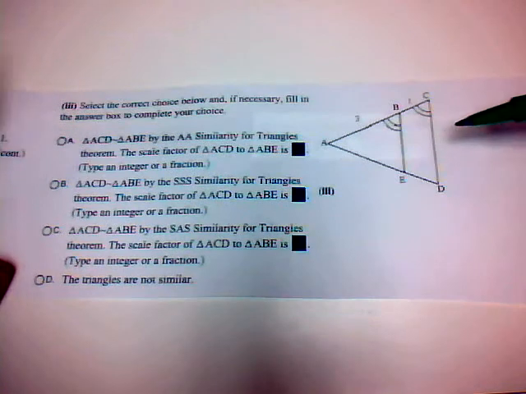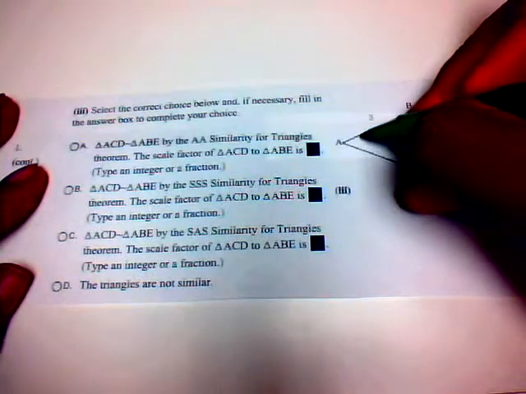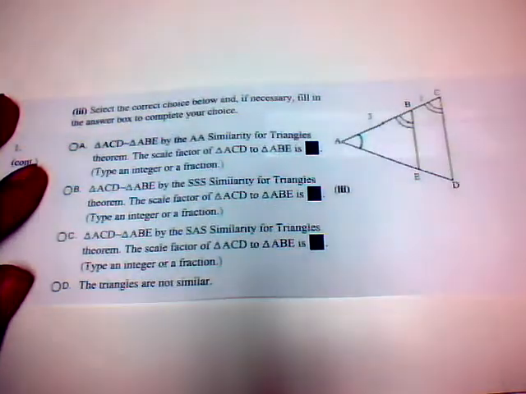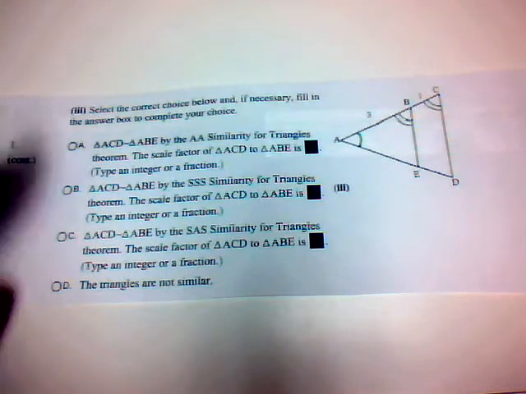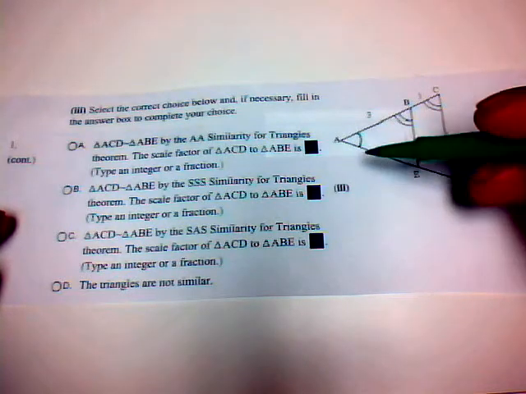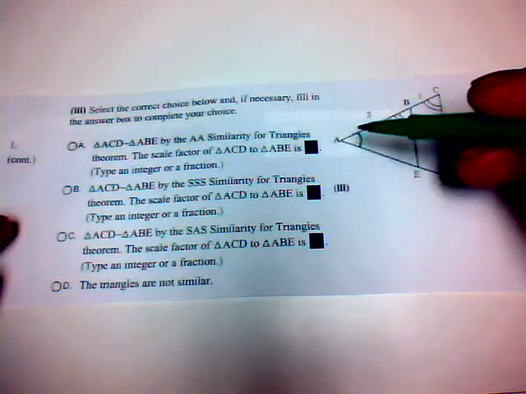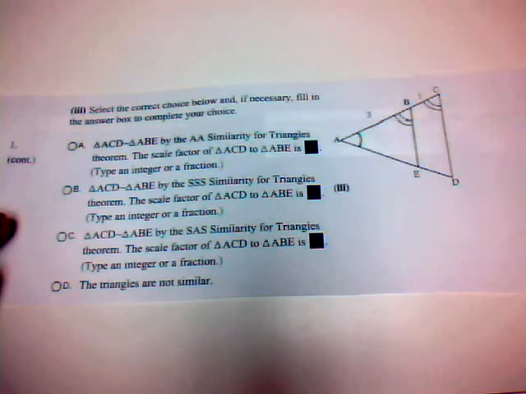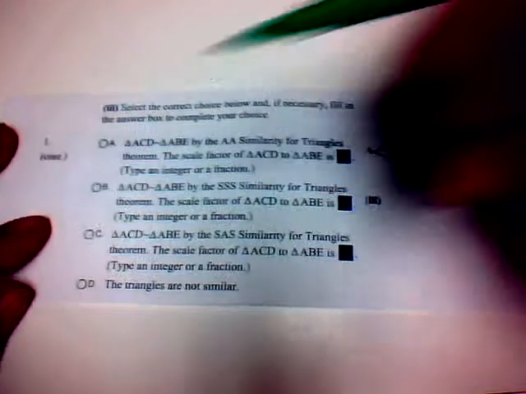Now, you might not be able to see this, but angle A, we can use this one. Angle A is congruent to itself, because angle A is the common angle in triangle ABC and triangle ACD. So here we can use the AA similarity for triangles.